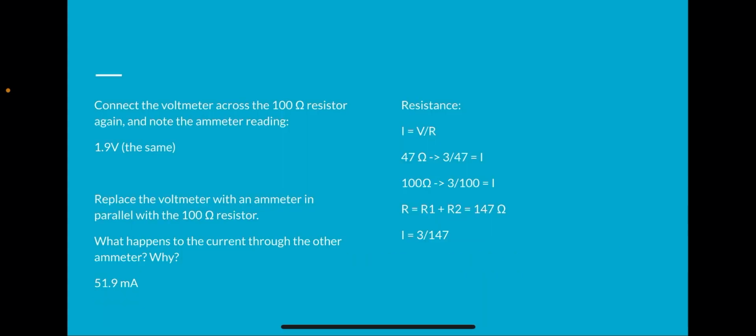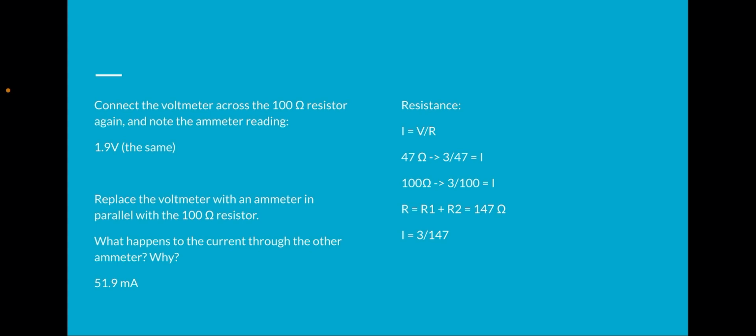We also had to solve a couple more things. We had to connect the voltmeter across the 100 ohms resistor again and note the reading, which was 1.9 volts. We also had to replace the voltmeter with an ammeter in parallel with the 100 ohms resistor. And then we got 1.59. And then we also had to solve for a couple things with the resistance.